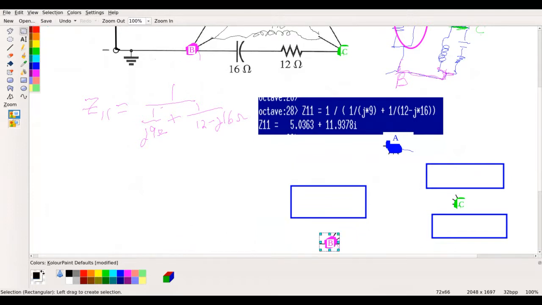All right. And so we're coming out of node A to this impedance, which is that Z parallel impedance.